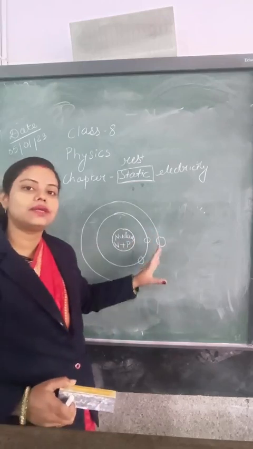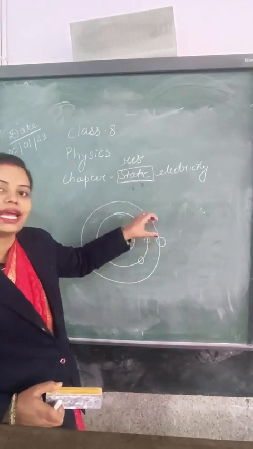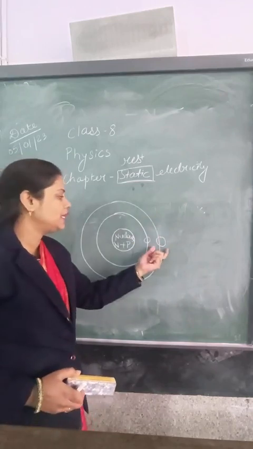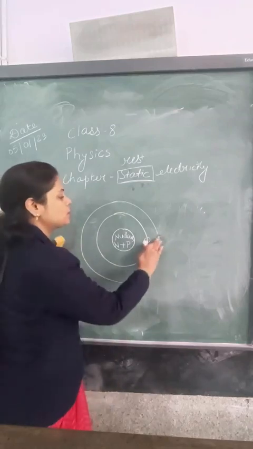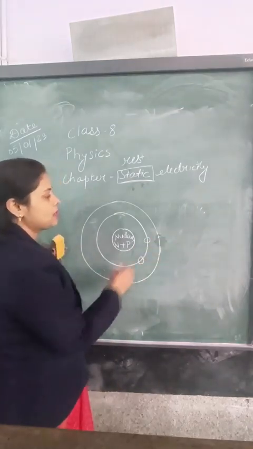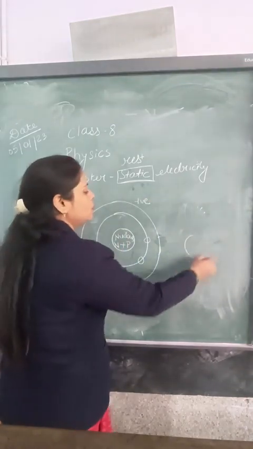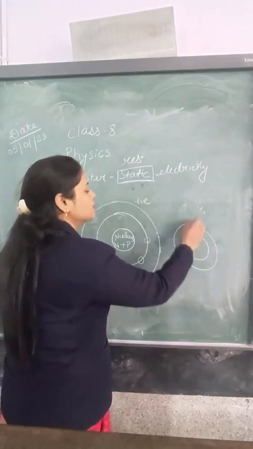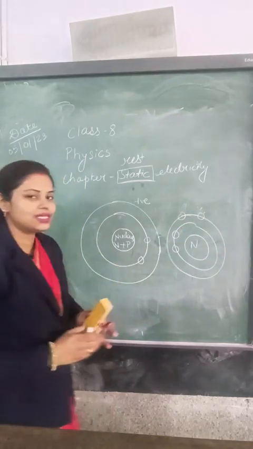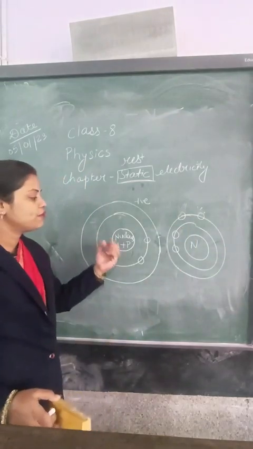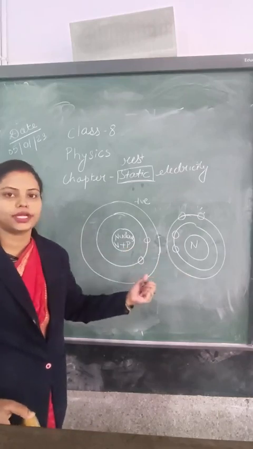When one atom is rubbed with another, these valence electrons are lost by the atom. If it loses one electron, it gets a positive charge. The other atom which acquires the electron gets the negative charge. This is how friction helps in the formation of static charges between two bodies.